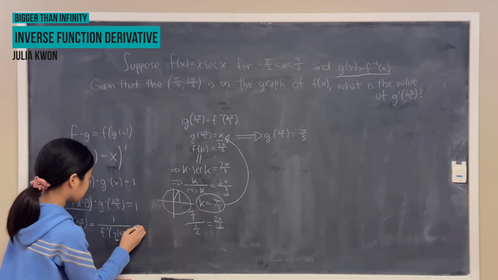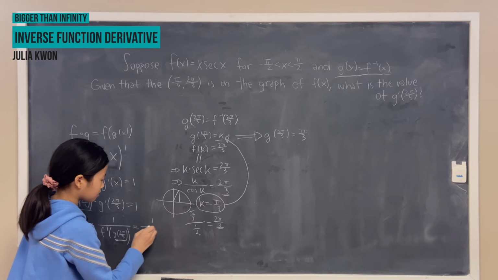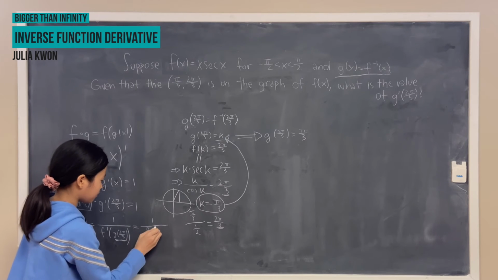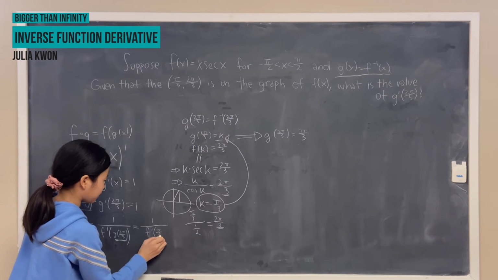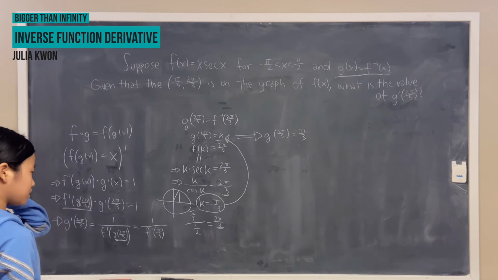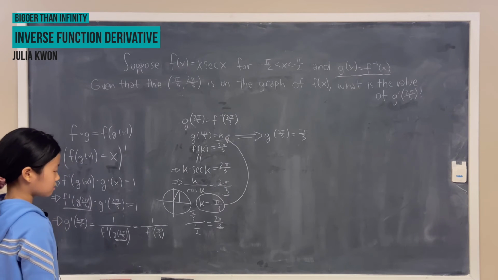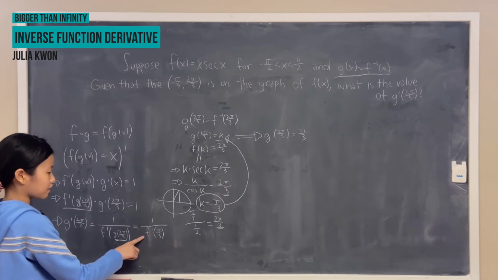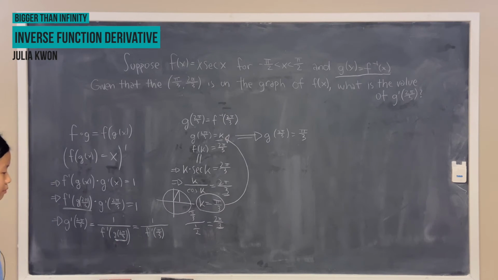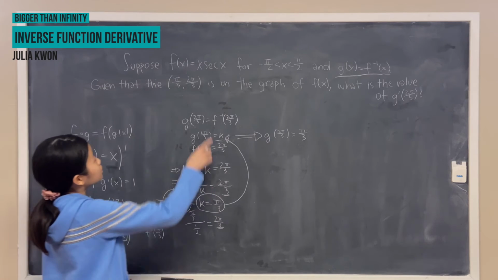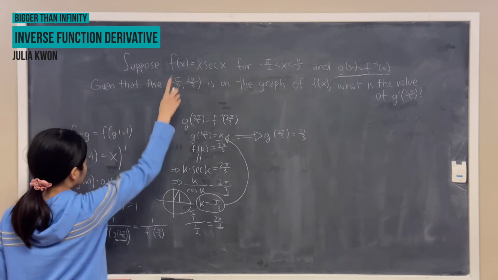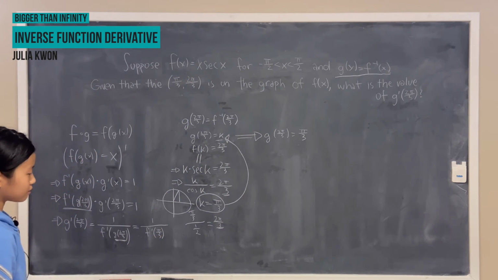So this is equal to 1 over f prime of pi over 3. So now we just have to find the value of f prime of pi over 3, which will be easy since we can just take the derivative of the function here and then put in x equals pi over 3.